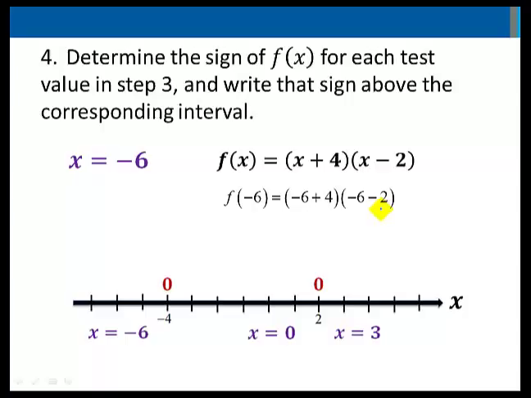I don't actually need to find f of negative 6. I just need the sign of f of x in this interval. So negative 6 plus 4 is negative, times negative 6 minus 2 is negative. A negative times a negative will give me positive f of x values in that first interval.